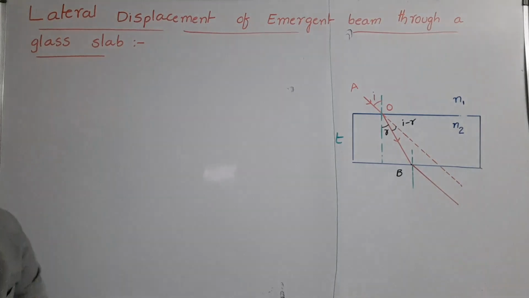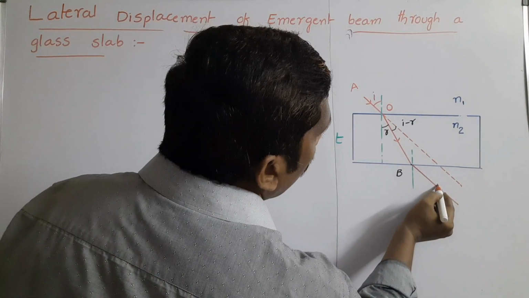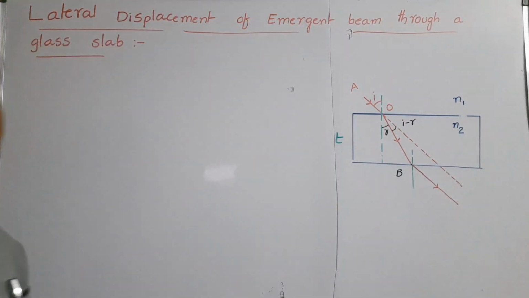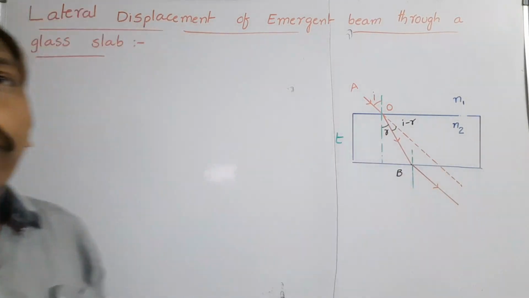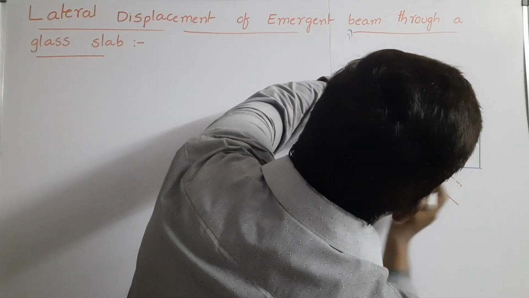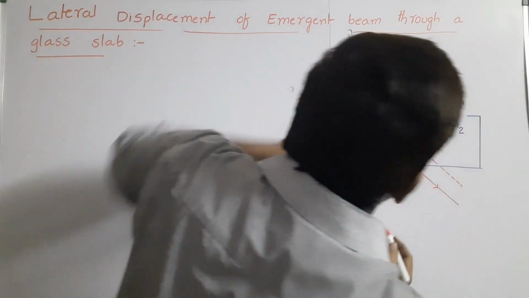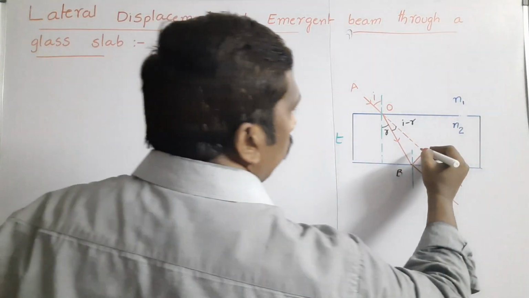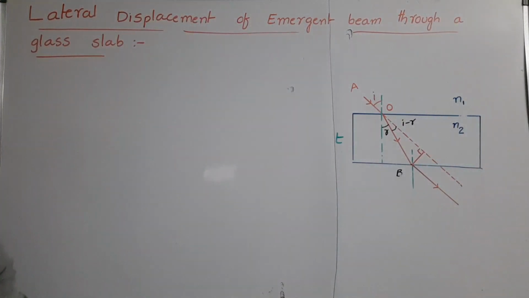If we observe, the incident beam and the emergent beam are parallel to each other, but instead of the original path, it shifts a certain distance. The perpendicular distance between these two lines is called the lateral displacement. Here this is the perpendicular distance, making an angle of 90 degrees.